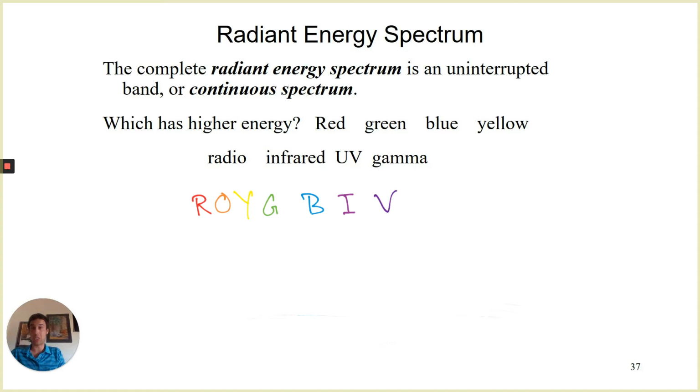And we've got our red, orange, hopefully I'm spelling these roughly right, yellow, green, blue, indigo, and violet. Okay? And that helps us to remember the sequence of those colors.